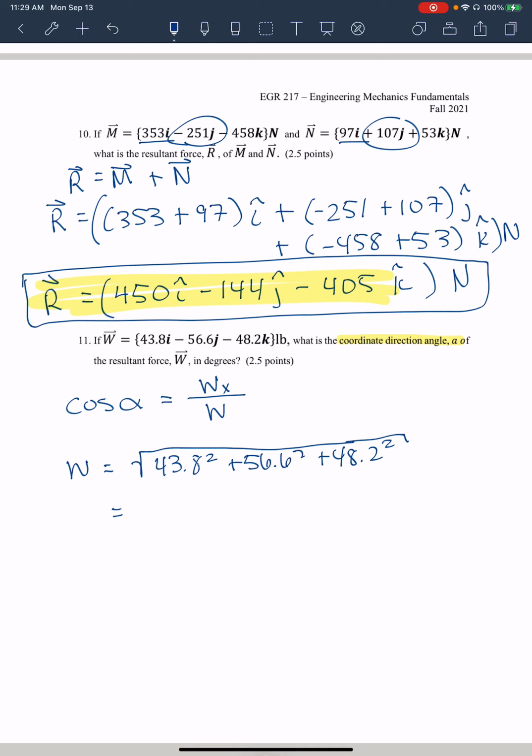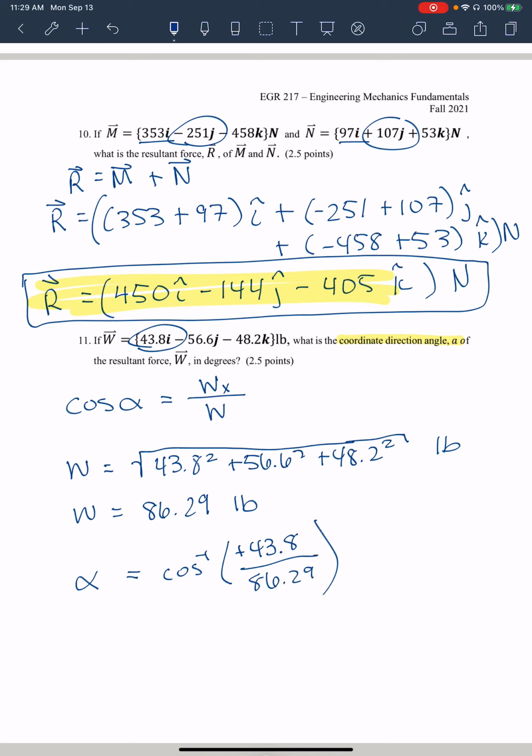And so W equals 86.29, that's pounds. And so alpha is going to equal, and the Wx is just that 43.8. So the inverse cosine of positive 43.8 divided by 86.29.